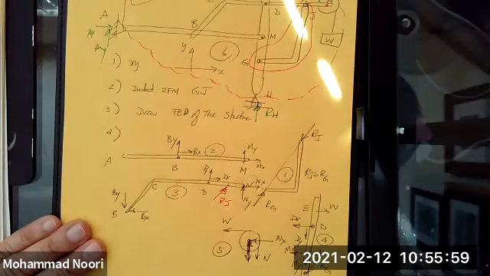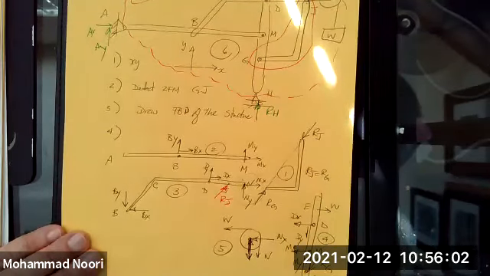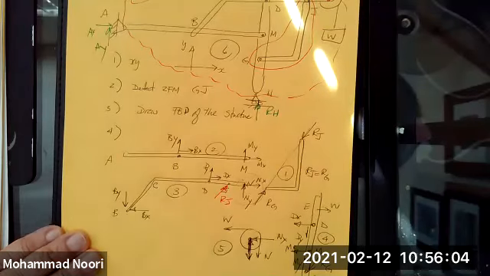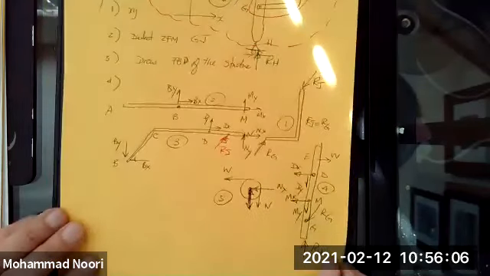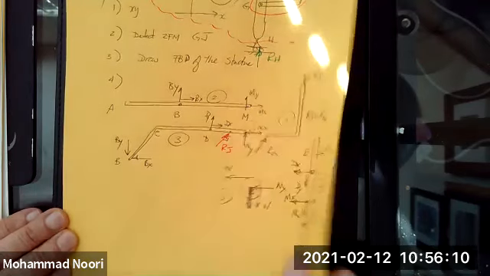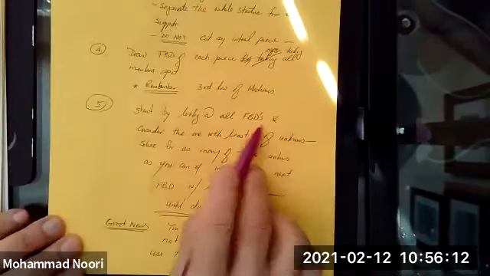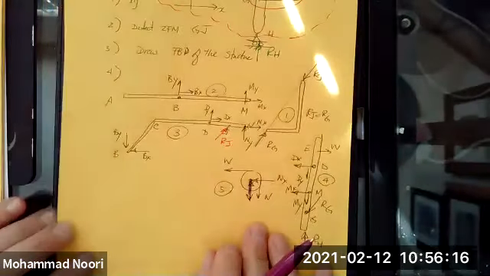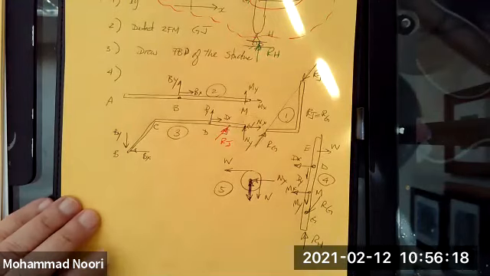Okay? So what did we say? How do we go ahead and solve this problem? Start with number 5, right? Remember? Start by looking at the free body diagrams and select the one with the minimum number of unknowns.